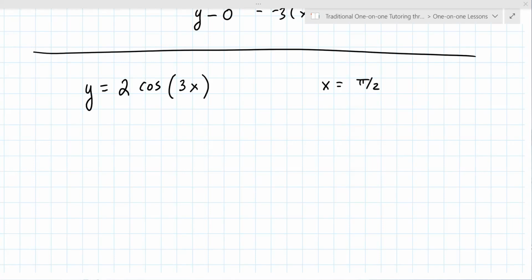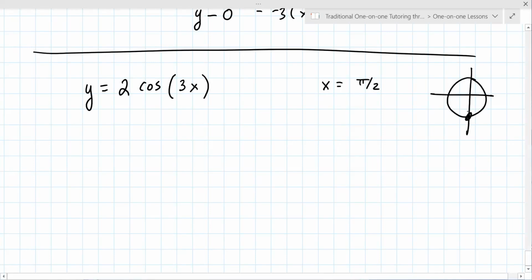3 pi over 2, is that the bottom one? It is. Okay. So sine of that is negative 1.